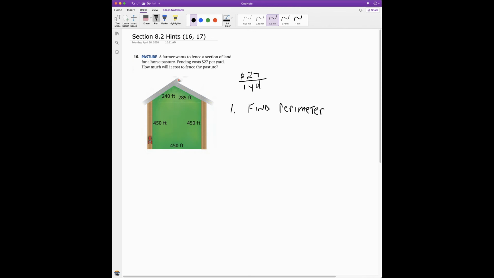Okay, so find the perimeter of this area first. Now, when you do that, be careful because, look at the units here, it's feet. We're talking here a price for 1 yard. So your next step is to change the feet to yards.